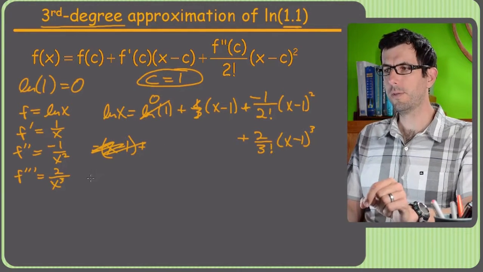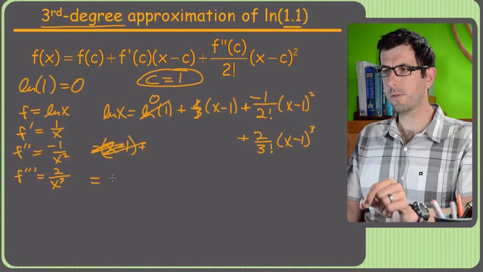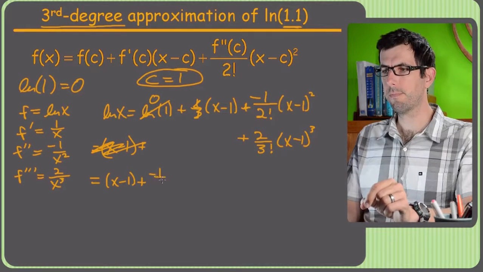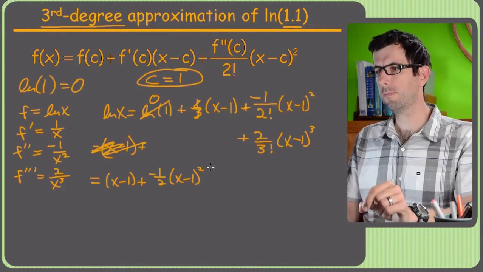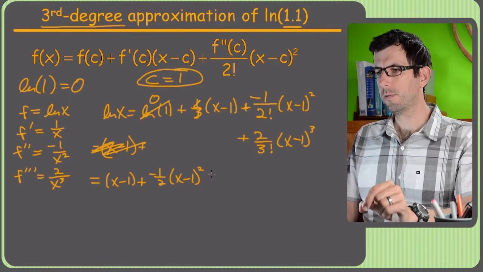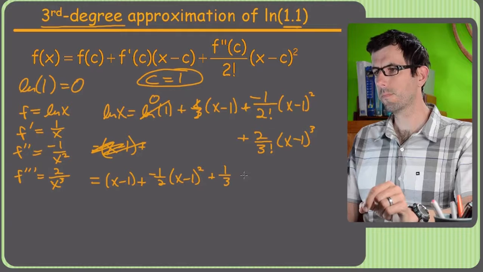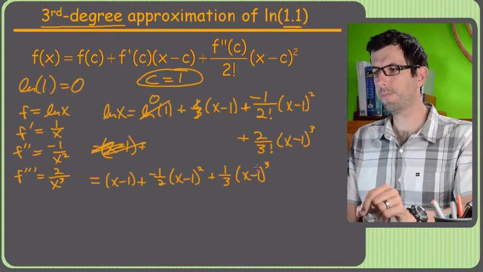So we got x minus 1, so that's negative 1/2 x minus 1 squared, plus 2/6, which is 1/3, x minus 1 cubed.